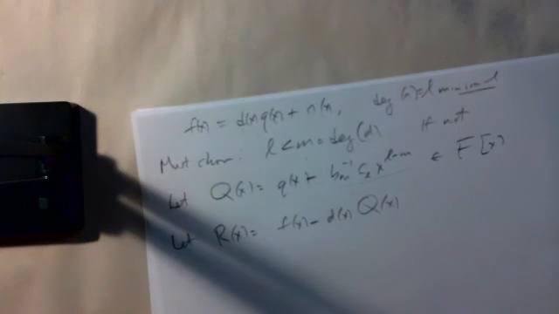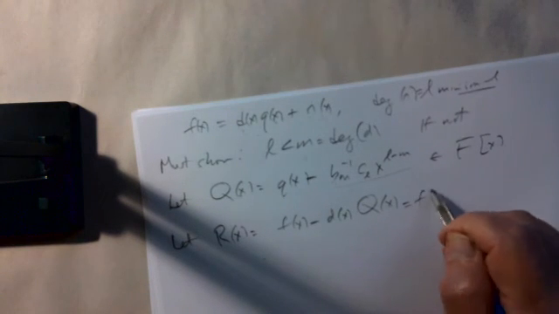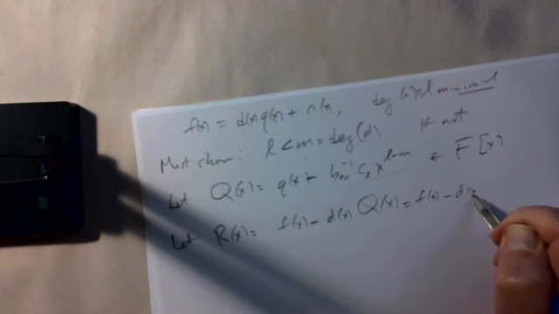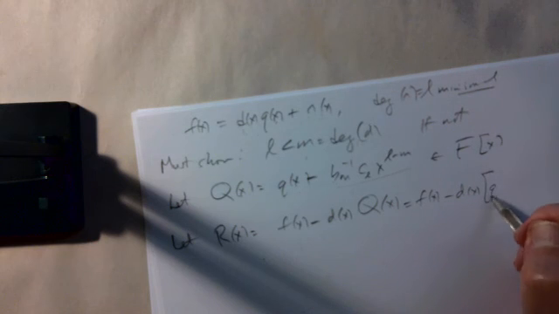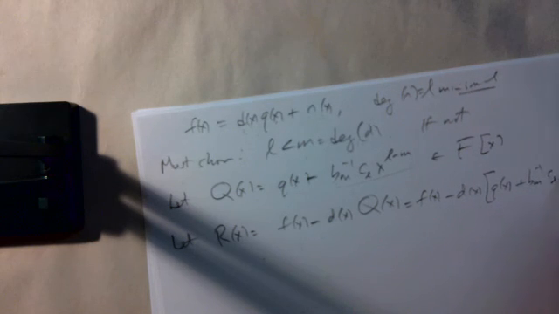And let capital R of x be the polynomial f of x minus d of x times capital Q of x. What is that? This is f of x minus d of x times little q of x plus b sub m inverse c sub L x to the L minus m.